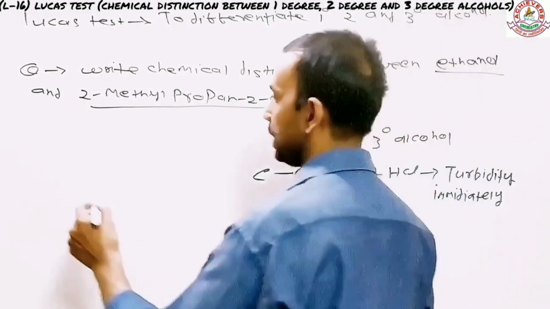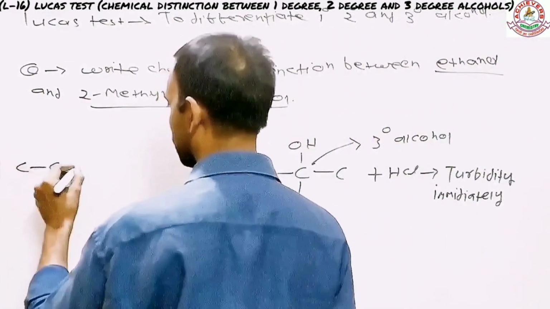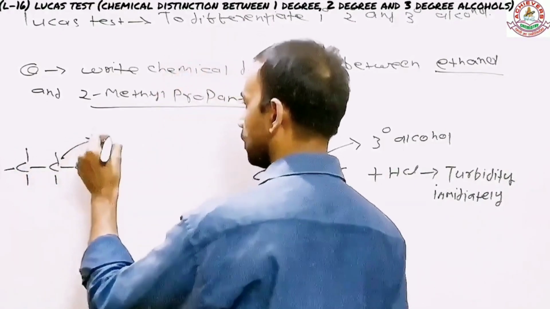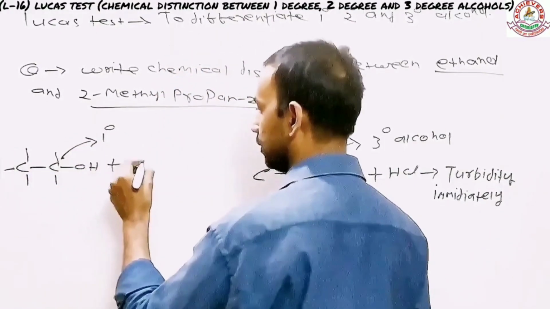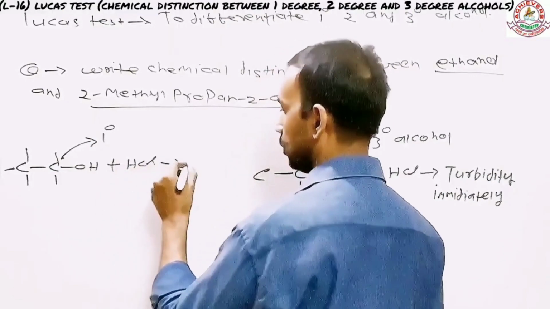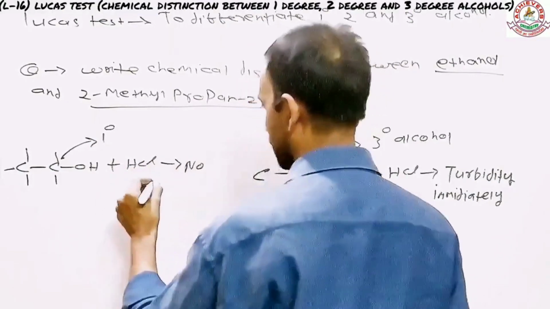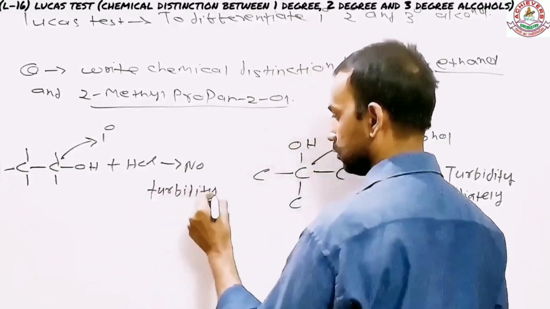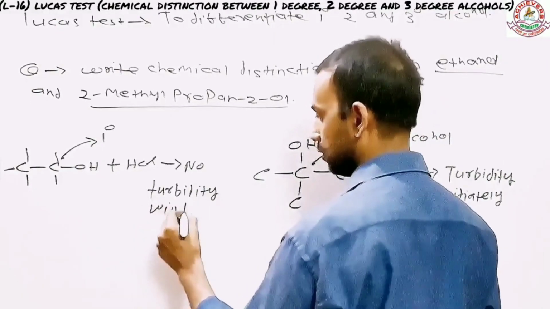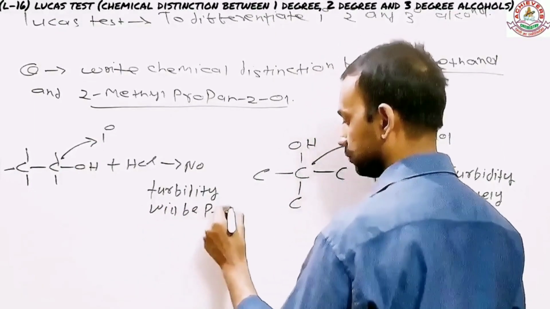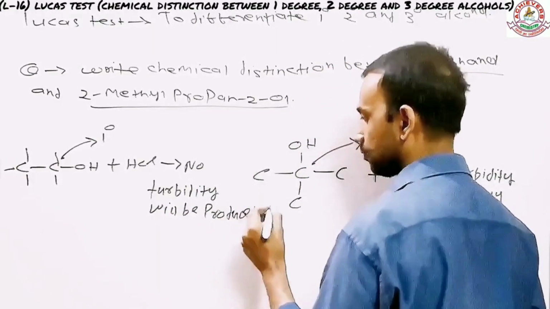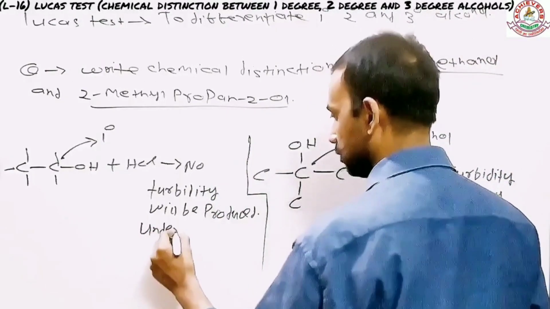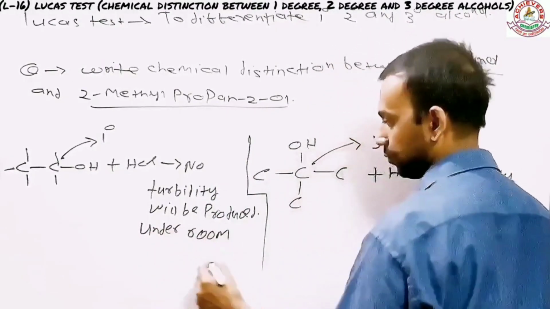But if you react ethanol, which is your 1 degree alcohol, with HCl, no turbidity will be produced under room temperature, right?